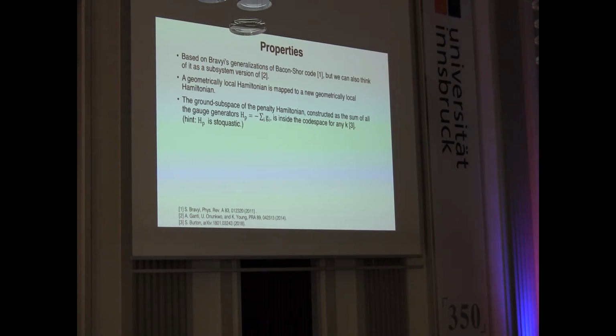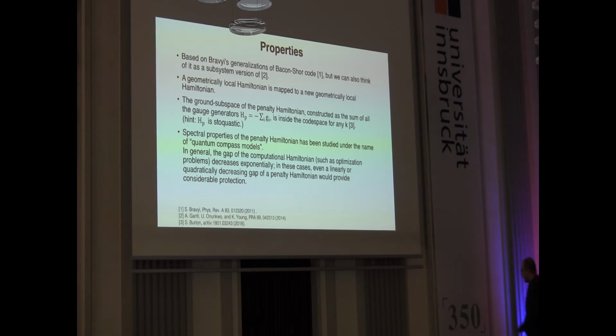This is a more general result by Burton, actually, but it applies to our construction also. And one thing that I want to emphasize here is that this model is related to the quantum compass model that people have been studying in condensed matter physics. There are a lot of numerical results about the gaps of different versions of this Hamiltonian.